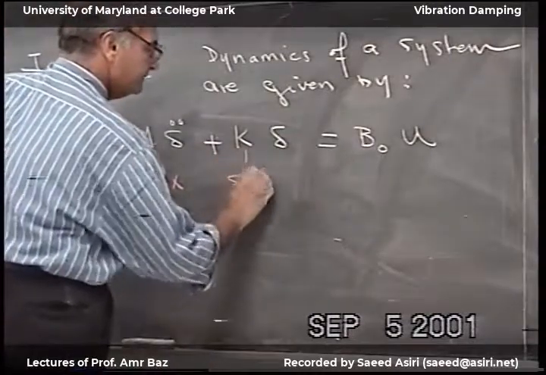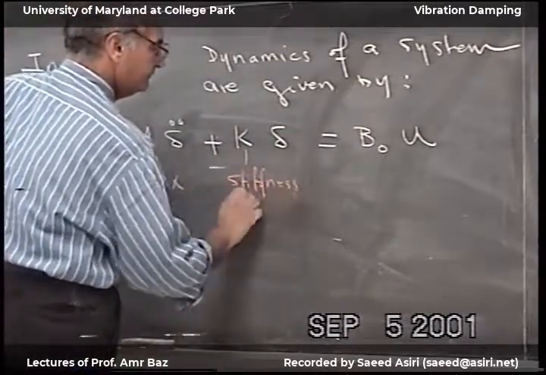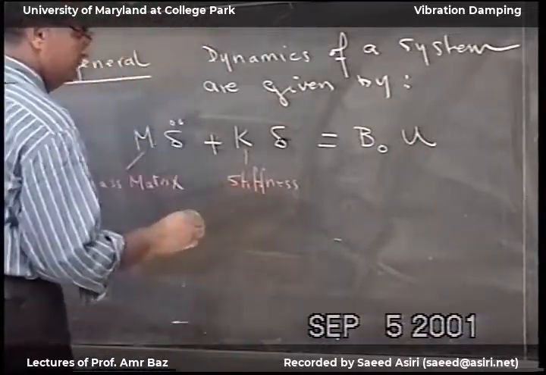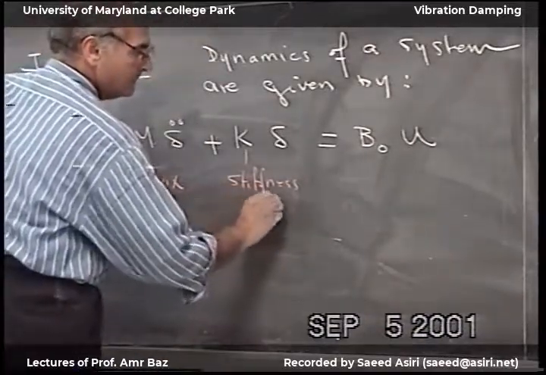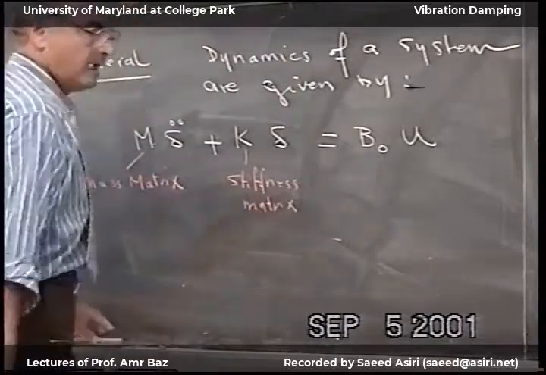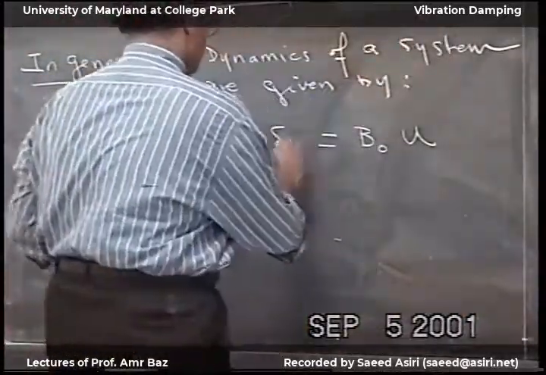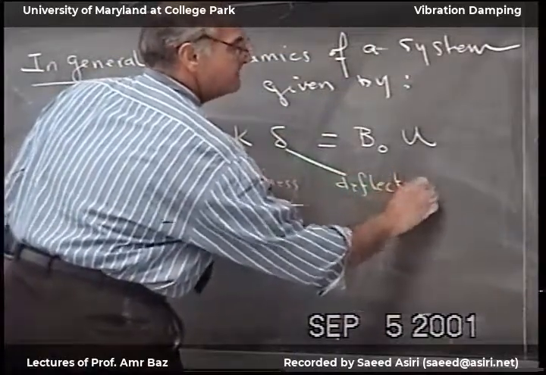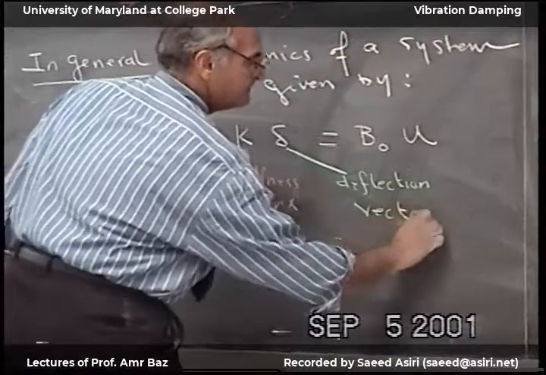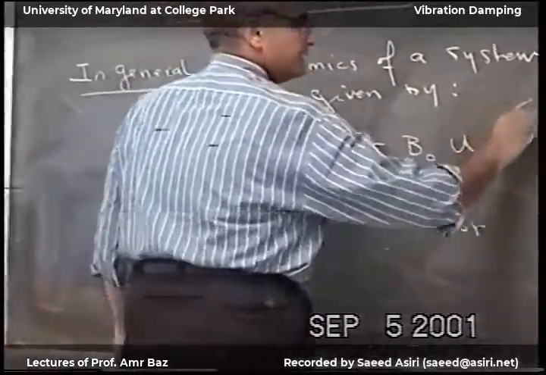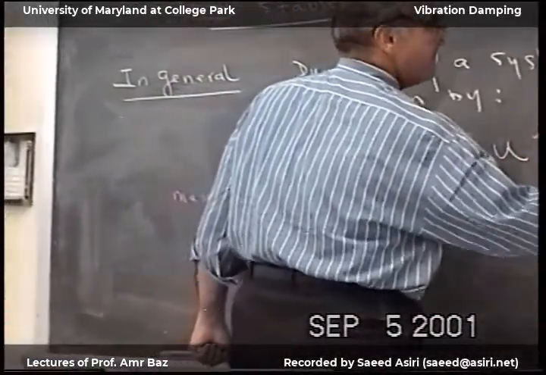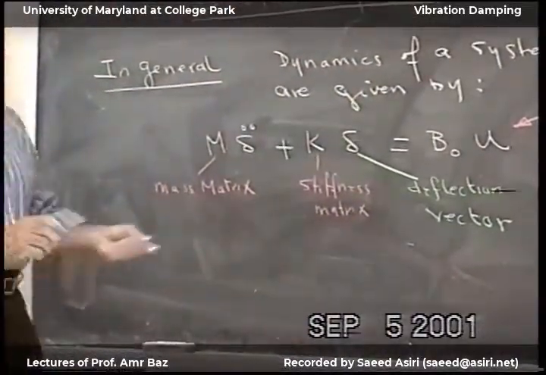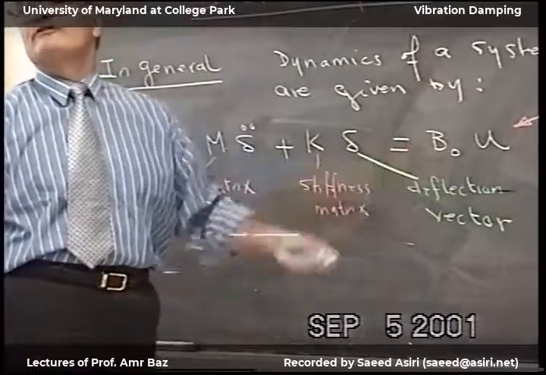Stiffness matrix. And then this is the deflection vector. This is the force, or forces, that we apply on this structure, and this matrix is where we apply these forces.